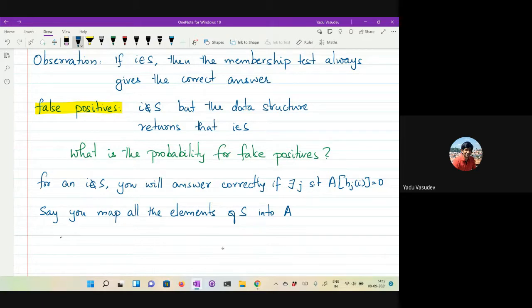So fix, let j be an index in A. What is the probability that A of j is equal to 0? What is this probability? You map all the elements of S into A and set the corresponding bits. Now you take a fixed bit in the array. What is the probability that A of j is equal to 0?